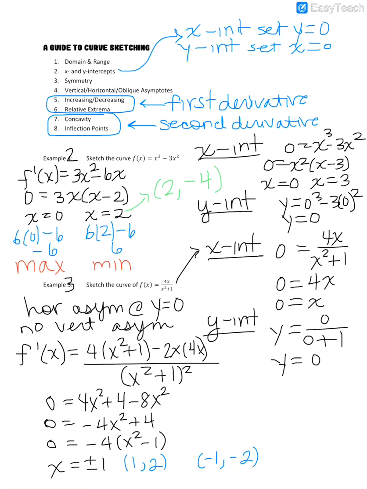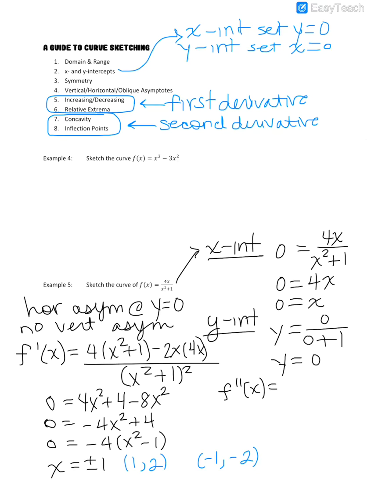All right, let's move on to our second derivative. This is going to be quotient rule again. For my first derivative, remember how we had simplified the numerator? It was negative 4x squared plus 4 over my denominator, x squared plus 1 squared.